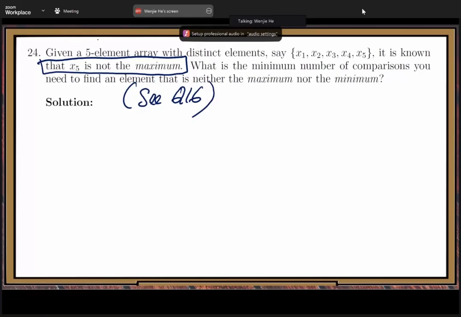The basic idea is the same. But here, this is the added condition. With an added condition, you want to take advantage of this extra condition, right? So you need to take advantage of this extra condition.